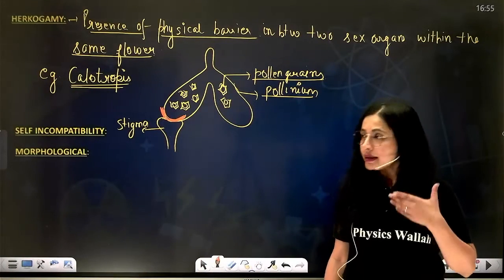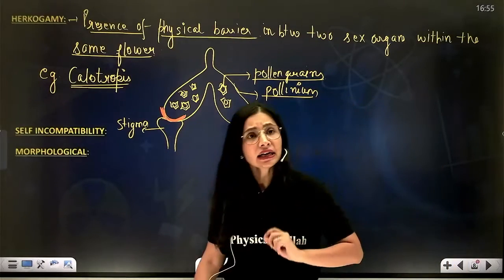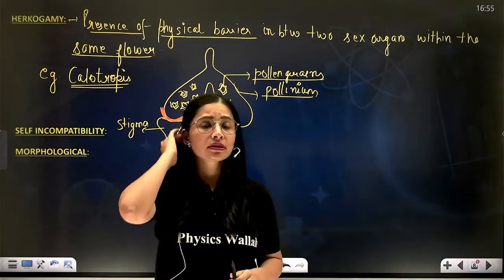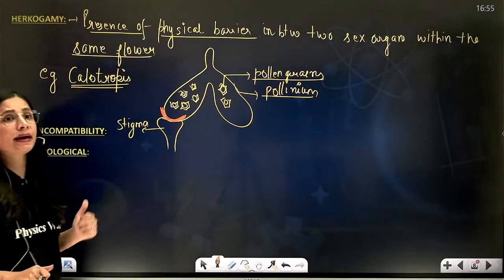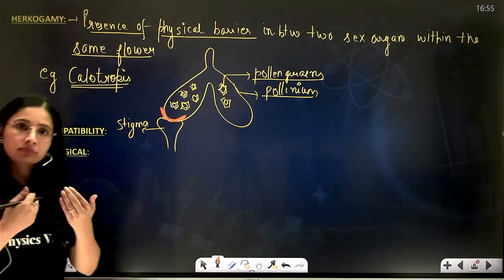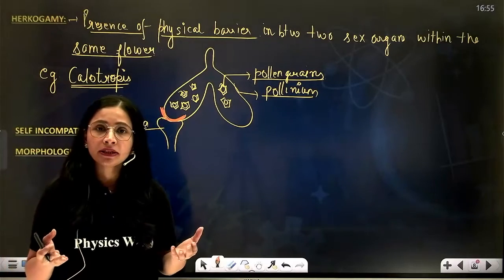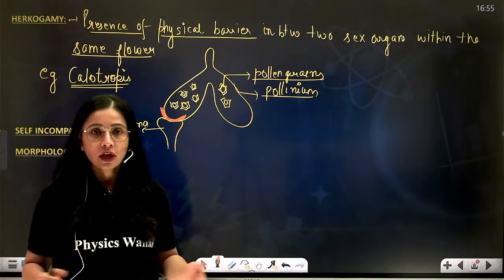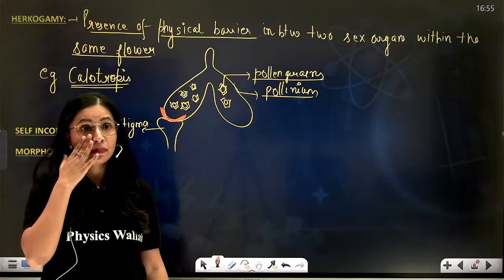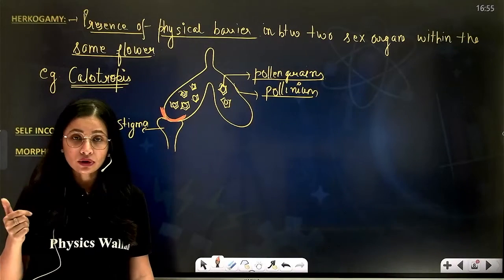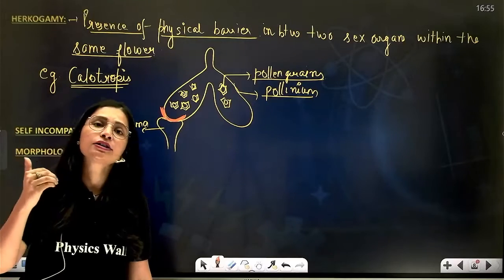Understood? Yes, ma'am. Another important contrivance device to promote cross-pollination is self-incompatibility. Self means self. Incompatibility means not fit. So, when the pollen grain of the same species or of the same plant falls on its own stigma, then the stigma rejects it.